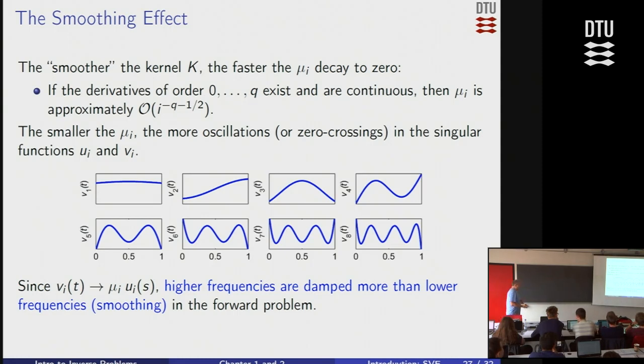So what this tells us is that the higher the frequencies in the singular functions, the more damping. This is a manifestation of the Riemann-Lebesgue lemma that we talked about before. The Riemann-Lebesgue lemma that ought to be a theorem, but isn't. Certainly, higher frequencies are more damped.